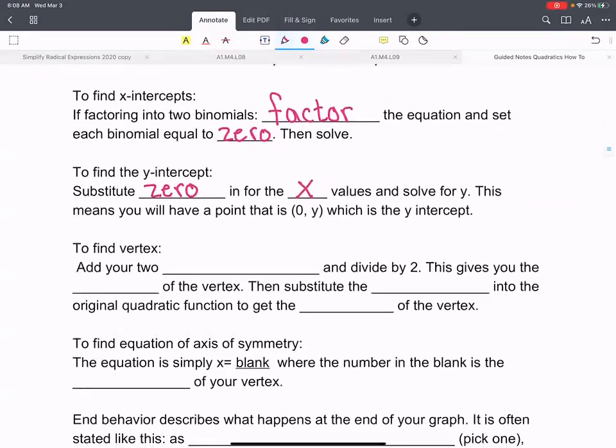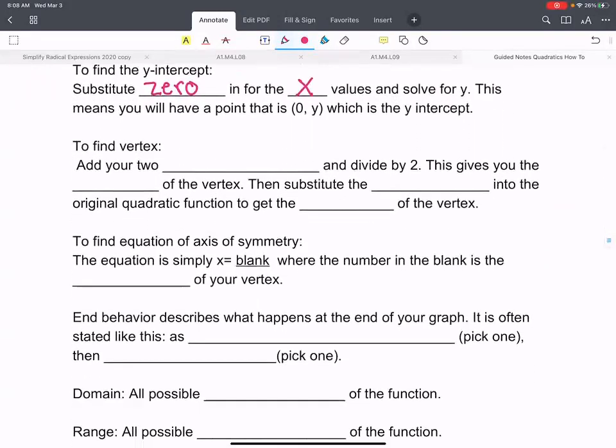Okay. To find the vertex, add the two x values and divide by 2. This gives you the x value of the vertex.